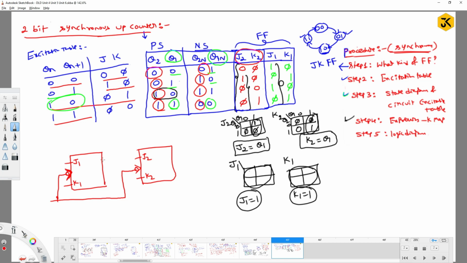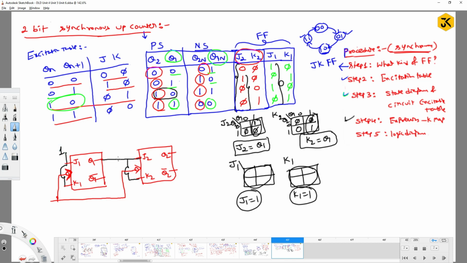For J2 and K2, you pass Q1. For J1 and K1, you pass the value 1.